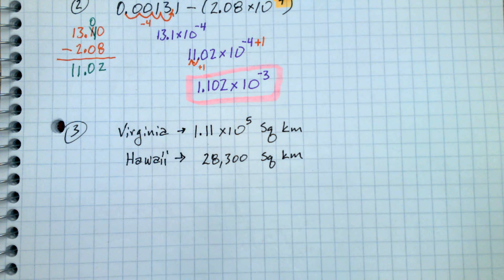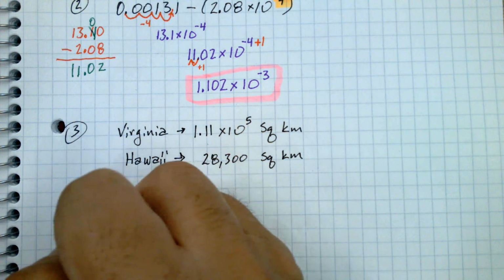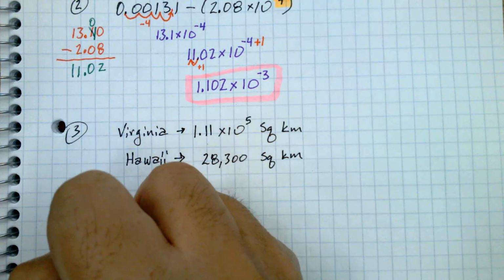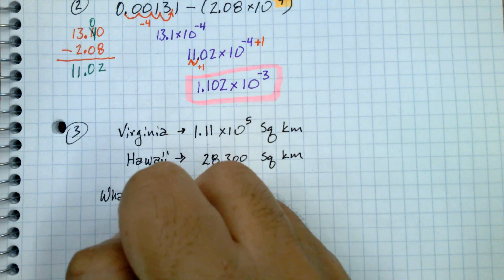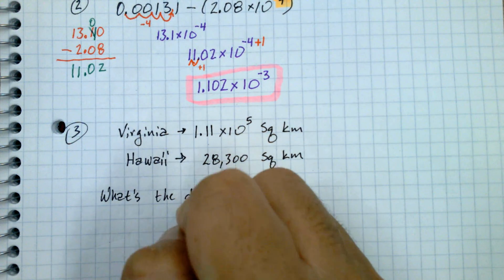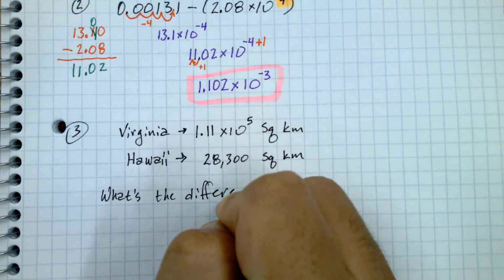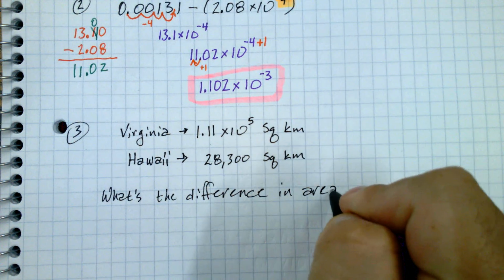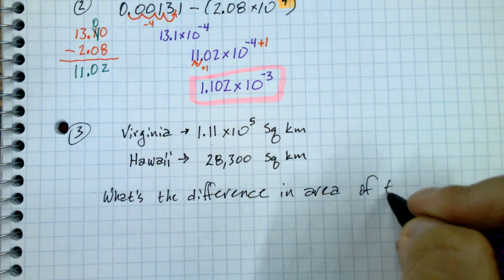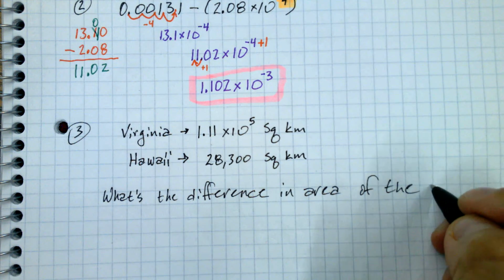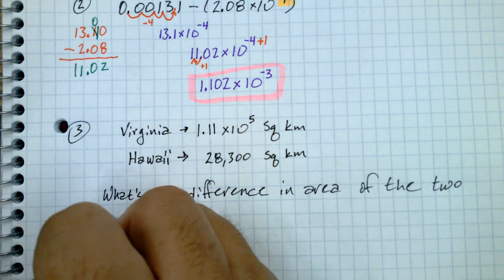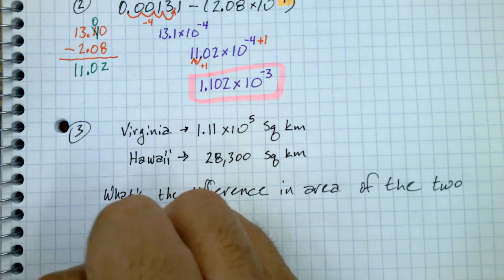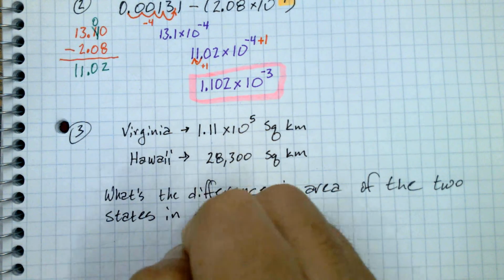So here's our question. What's the difference in area of the two states? In scientific notation.